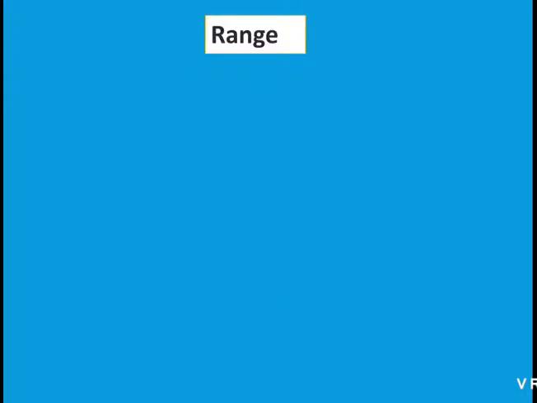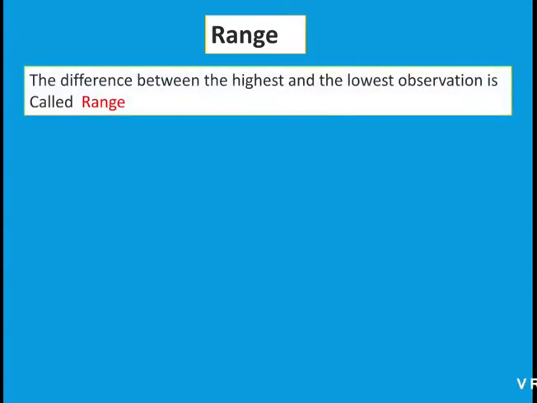Next term is range. Range is a very familiar word to you, but this is not your mobile network range. This is our range in our maths class. The difference between the highest and the lowest observation is called range.